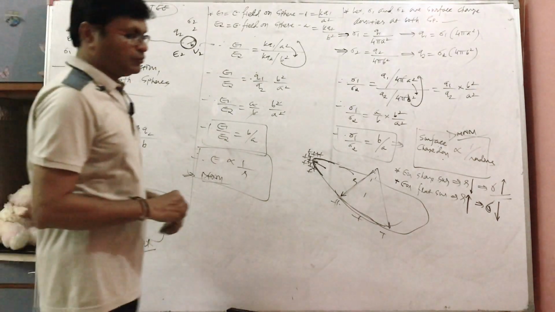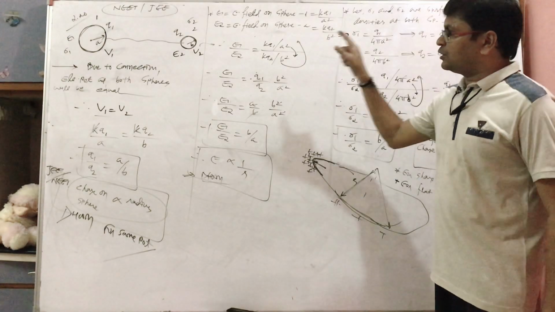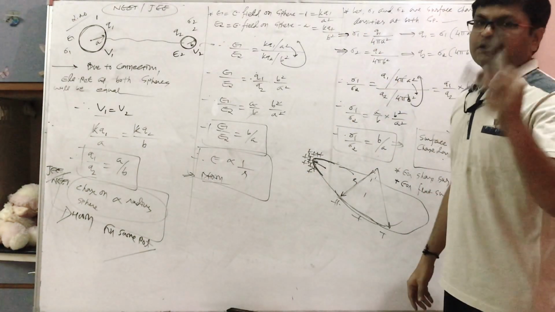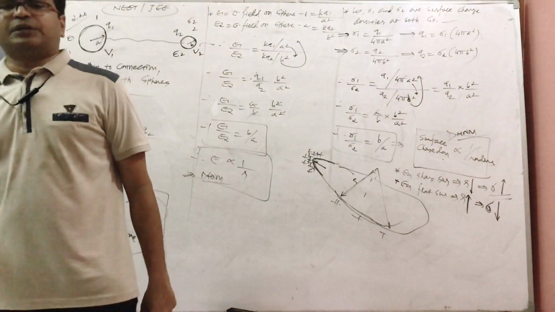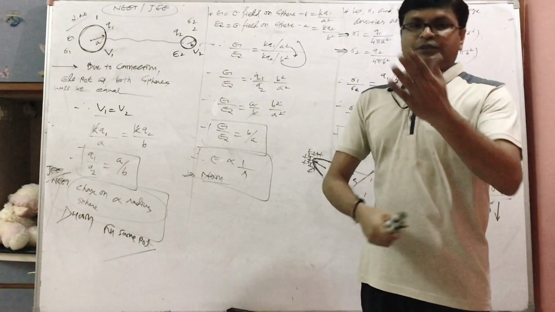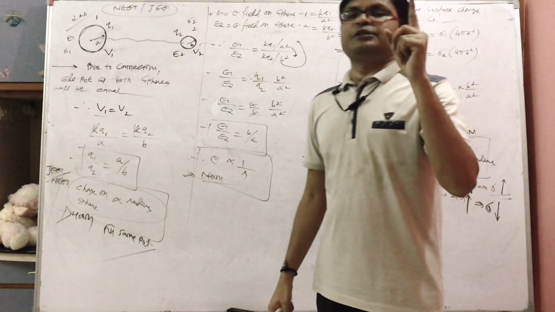Once again, what are the 2 to 3 punching points for JEE NEET? This is your unsolved number 2.20, question number 20 of your textbook, but it gives a few very important logical points. Number one, whenever two conducting spheres or charged spheres are in contact, then potential always remains the same.